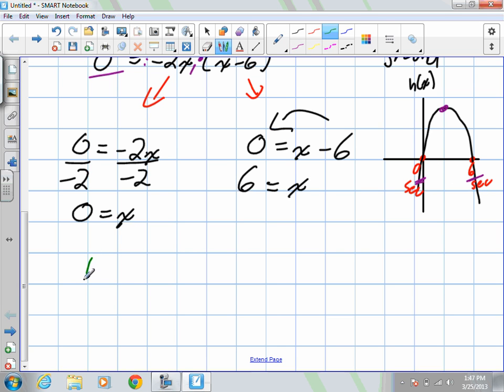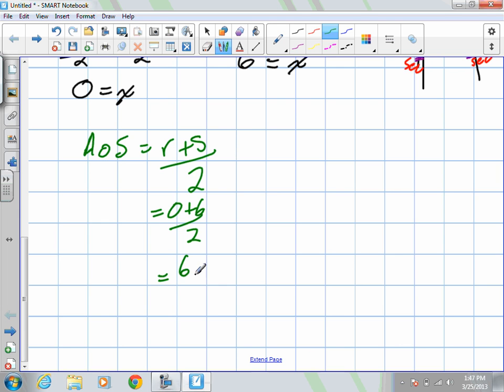What's that equation? AOS. What's that stand for? Axis of symmetry. So, we're going to take our two x-intercepts, r and s, and we're going to divide them by 2, which means we have 0 plus 6 divided by 2. 6 divided by 2 is equal to 3.